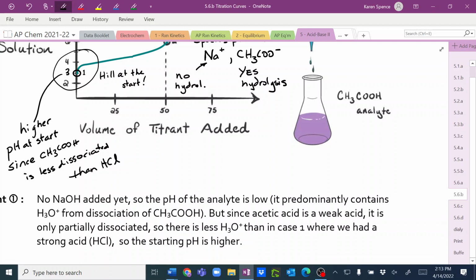Yes, because it's less dissociated, we have less hydrogen, and so the pH is therefore higher.